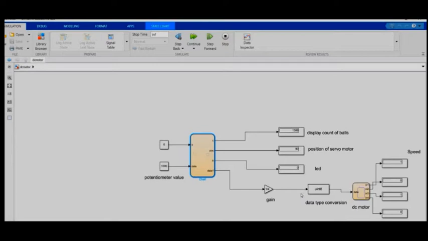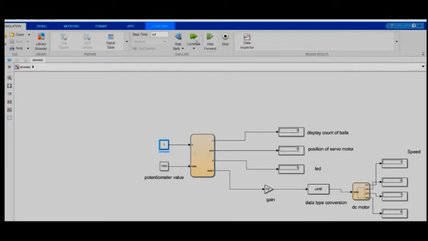The data type conversion converts the float data type into integer type, and finally connecting it to the DC motor. So the gain will help us to vary the speed of the DC motor from the initial values taken from the potentiometer. Now I am going to show the simulation of the entire project.